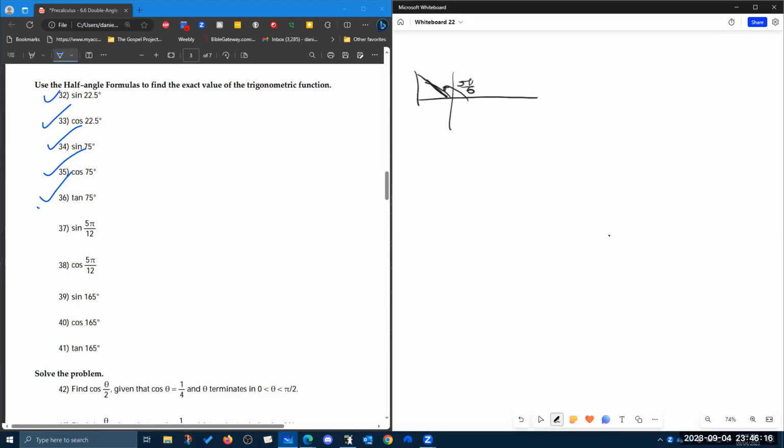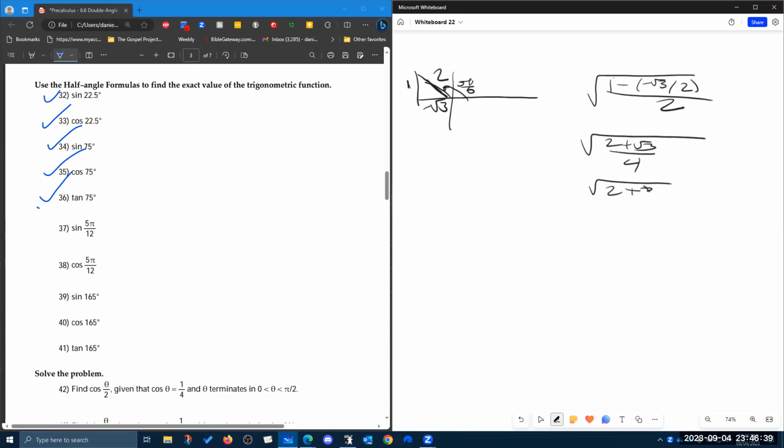So cosine is negative root 3 over 2. This can be a positive: 1 minus the cosine over 2. 2 plus root 3 over 4. 2 plus root 3 all over 2, under the root.